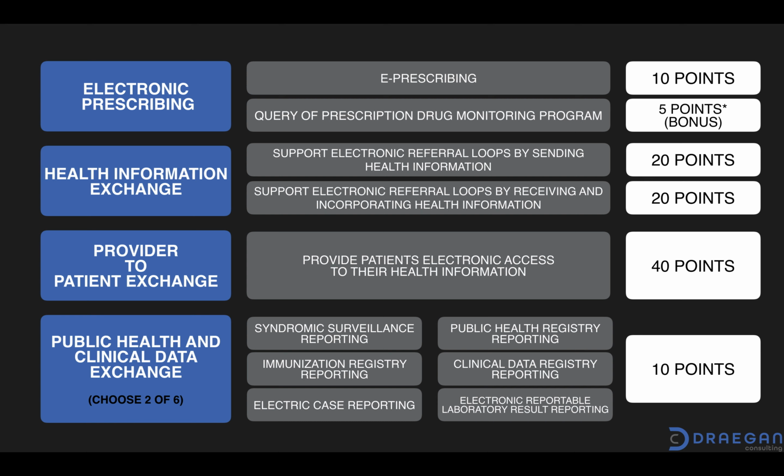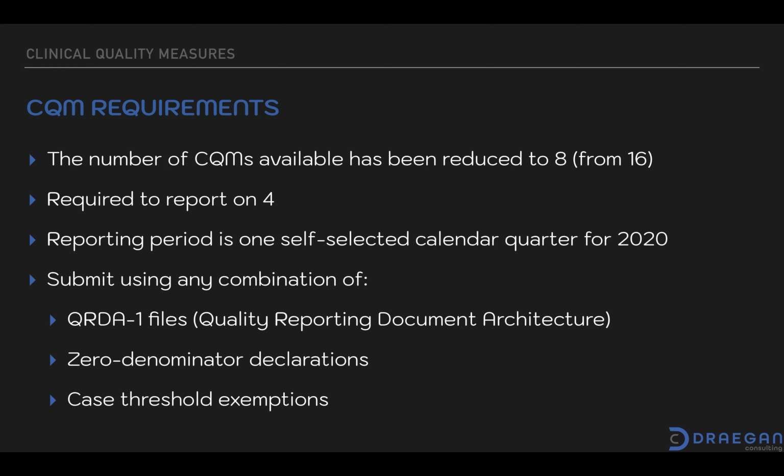So along with the objective measures, there are also clinical quality measures that are included in this reporting year, similar to previous years. So the number of CQMs has been reduced. It was 16 that you had to choose from. Now that number is down to 8. And there is a requirement to report on 4 of the 8 for eligible hospitals and critical access hospitals.